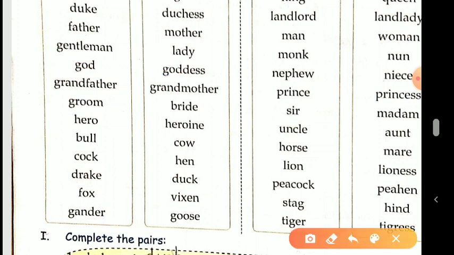Now, next one is grandfather. The feminine gender of grandfather is grandmother. Then groom, feminine gender of groom is bride. Some people also call it bridegroom. Generally some people also use the word bridegroom because he is the groom of the bride. So groom and bridegroom both are the same words.